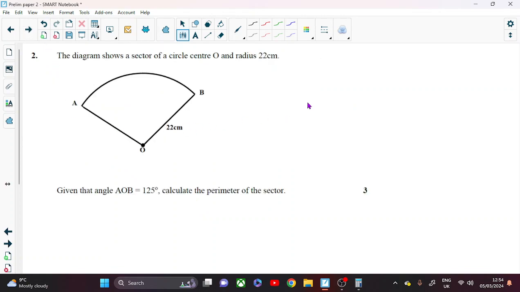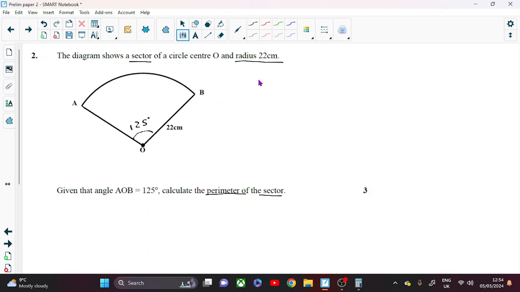Okay, this diagram shows a sector of a circle. Remember, a sector of a circle is part of a circle, and we've got a radius of 22 and a centre O. We're given that this angle is 125. We have to calculate the perimeter of the sector.